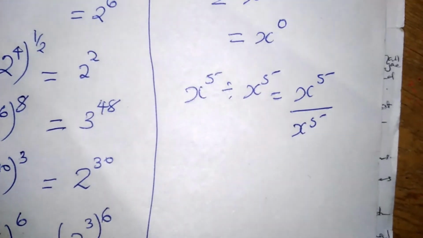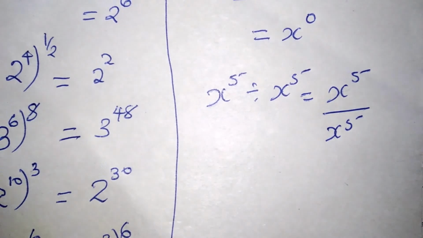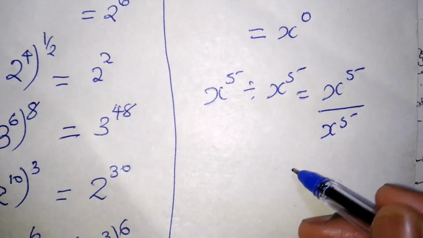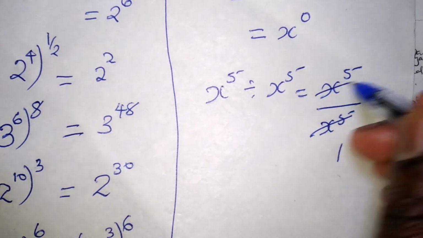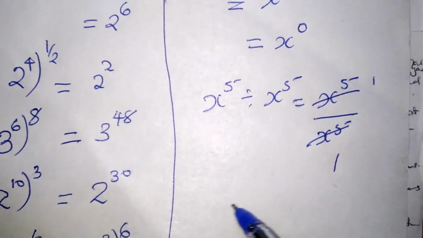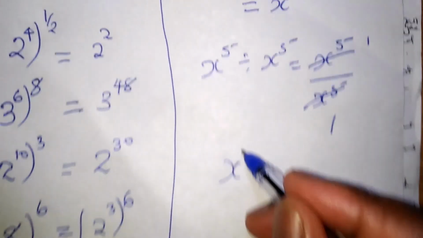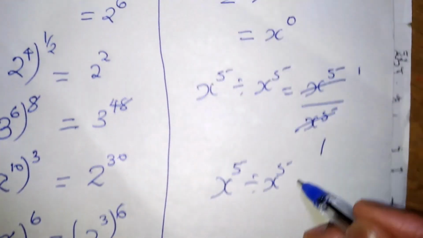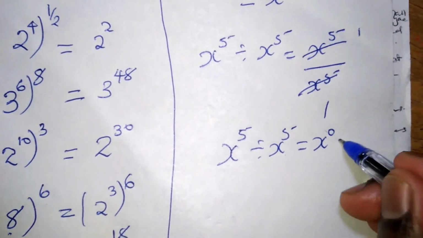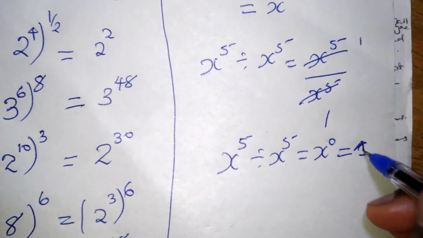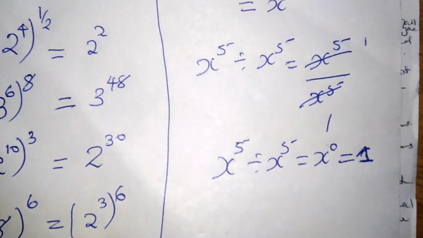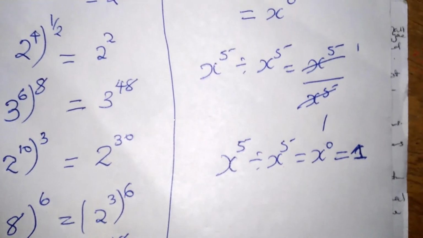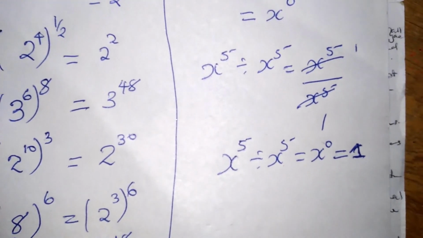If you follow the previous methods that I've used to show the working, you will notice that you cancel this with this and you get 1 over 1. So therefore x^5 divided by x^5 is equal to x^0, which is equal to 1. This should be the case for all numbers. If you raise a number to 0, you simply get 1.